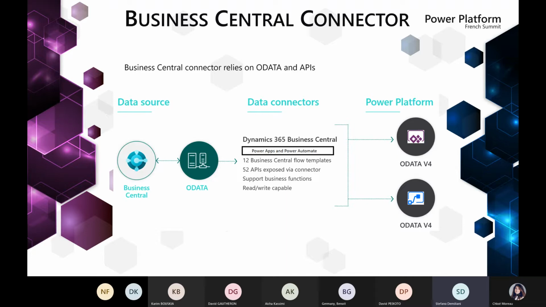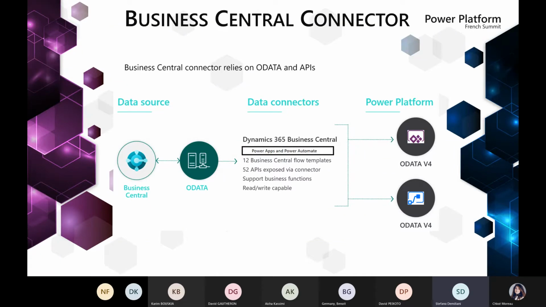So you have all the main entities of the ERP, like customers, vendors, sales orders, purchase orders, and so on. And you also have approval templates that permit you to automate and customize your approval workflows inside the ERP.